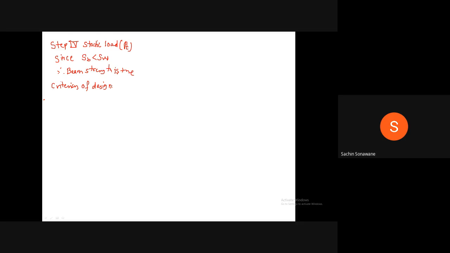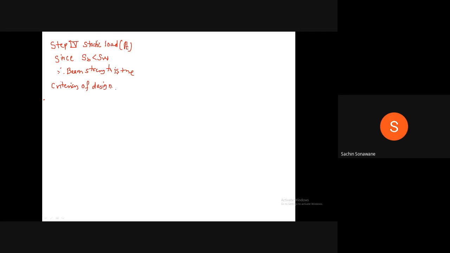Means what? We have to compare beam strength and wear strength. The value which is less, that value we have to take for further calculation. If wear strength is less, then we write that wear strength is the criterion of design.